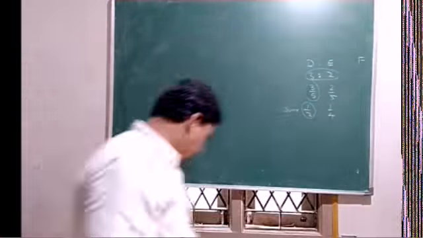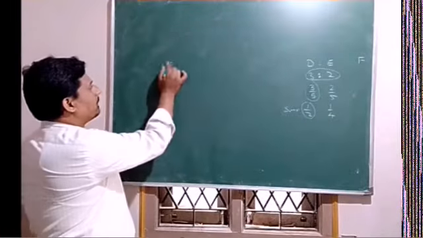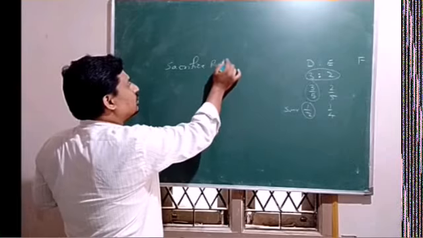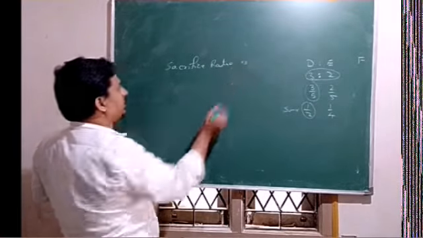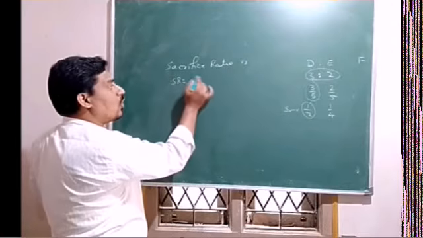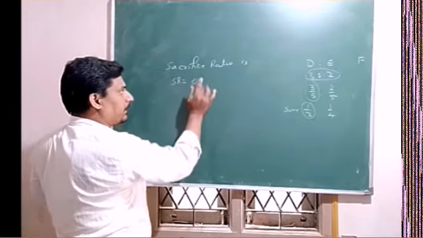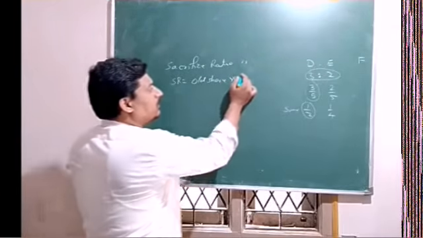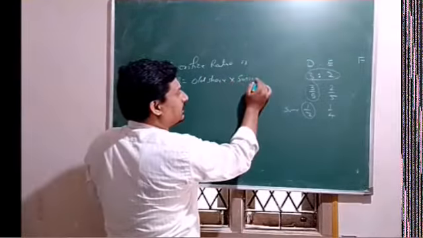So the formula for sacrifice ratio is: sacrifice ratio is equal to old share into surrendered share.